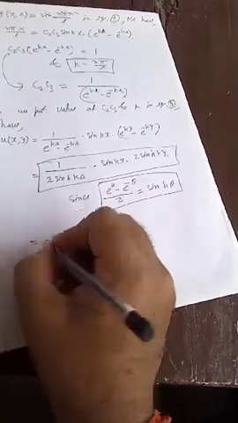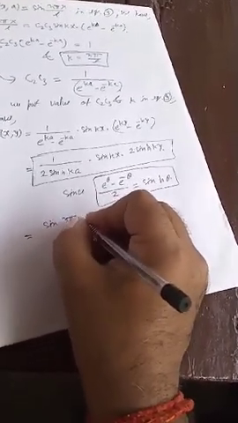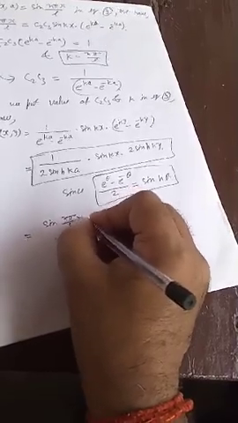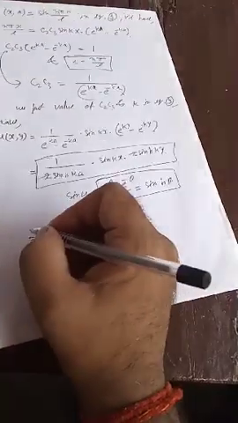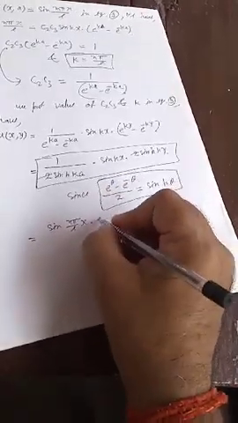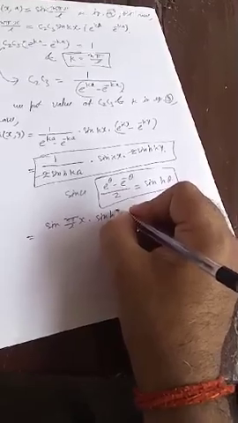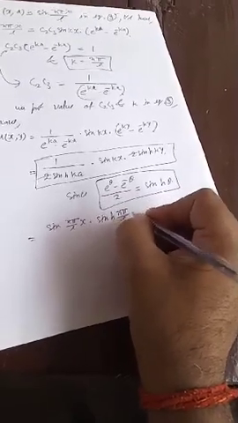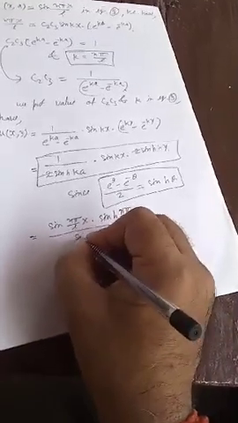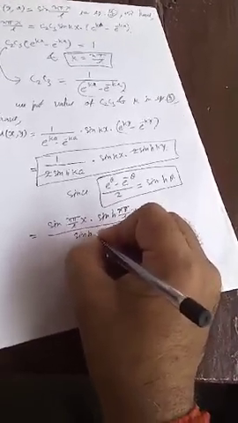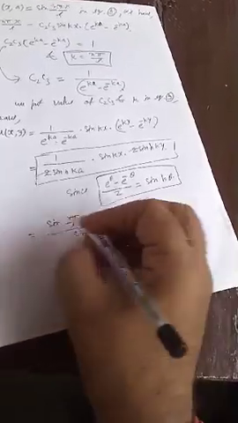So this can be written as sin(nπx/L) into, this 2 will be cancelled out, sinh(nπy/L) upon sinh(nπa/L).